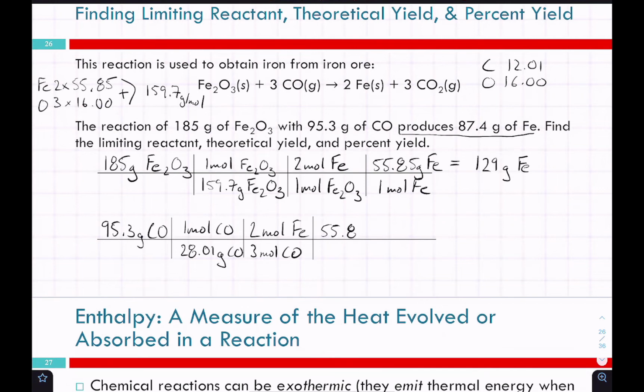Remember, if you're on your second reactant of a limiting reactant problem, it's going to be the same molar ratio as the one above it. And so 55.85 is what we use there again. So we get 95.3 times 2 times 55.85 divided by 28.01 divided by 3.